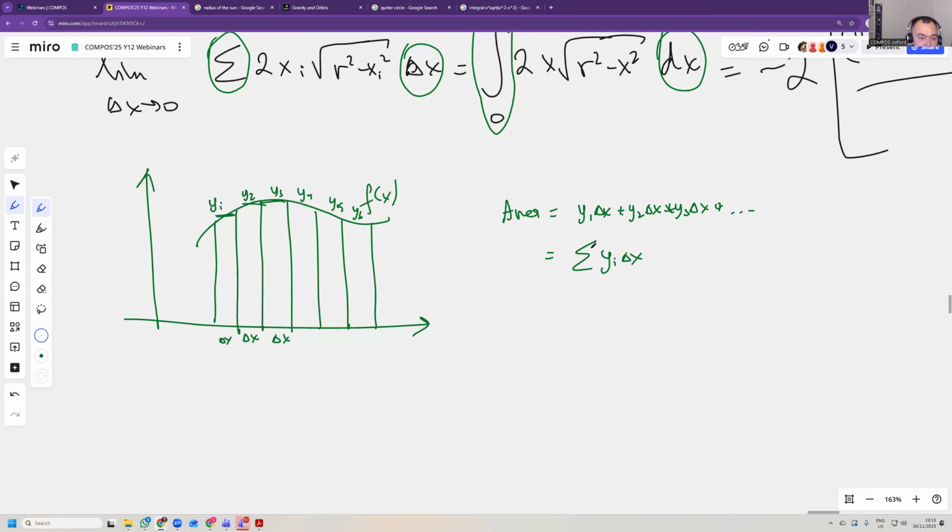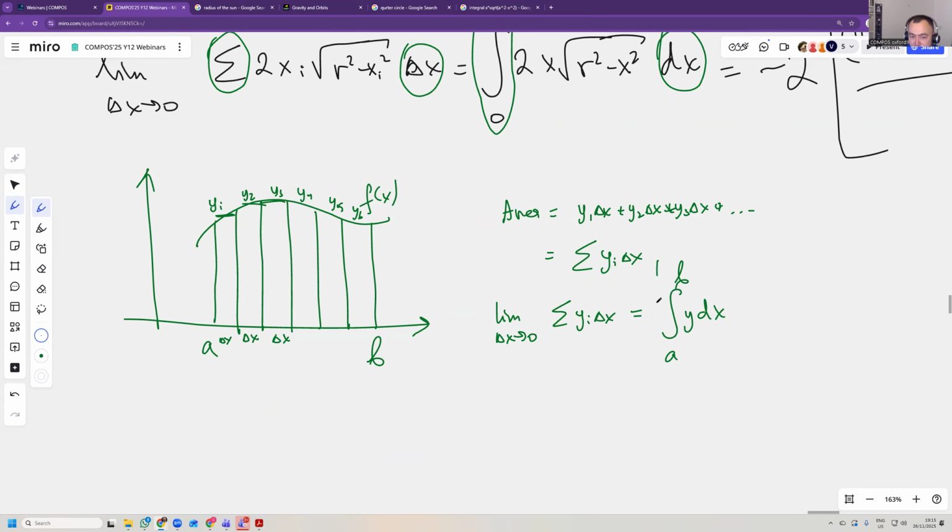But if you take the limit as delta x tends to 0, the sum of yi delta x becomes the integral of y dx between limits a and b.